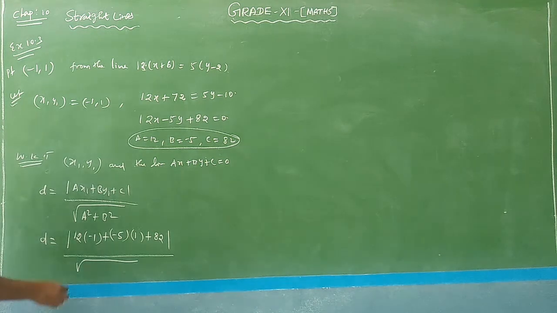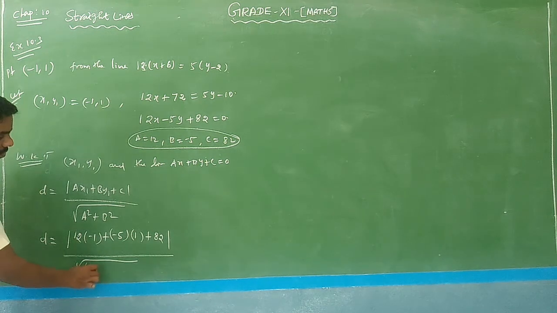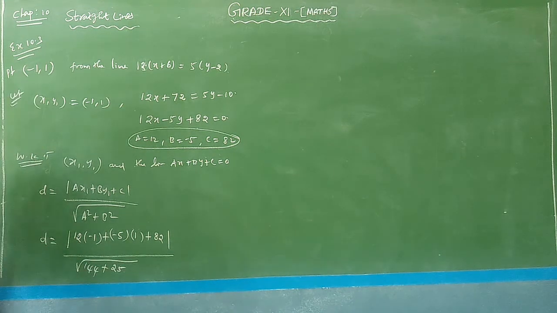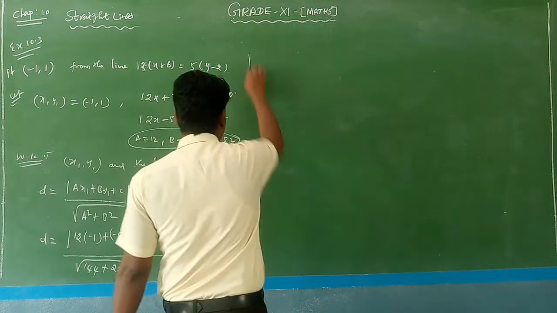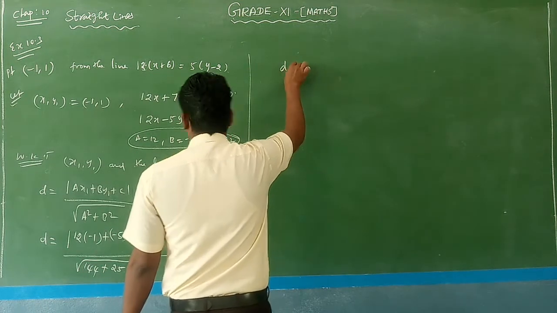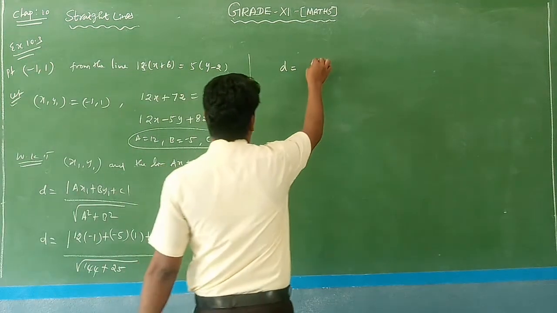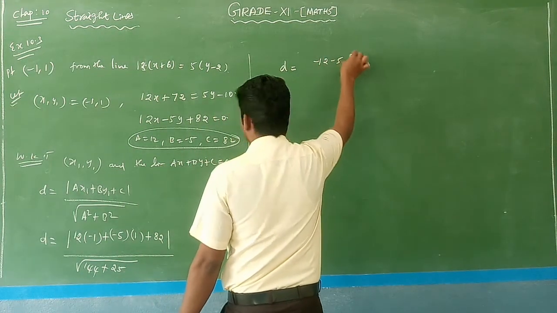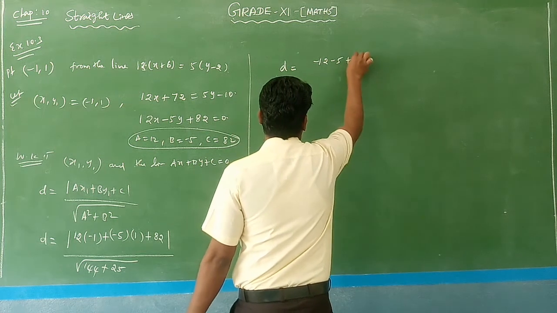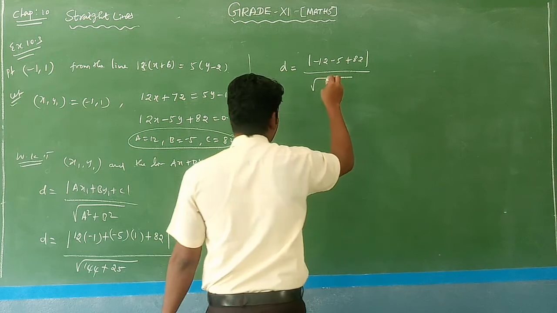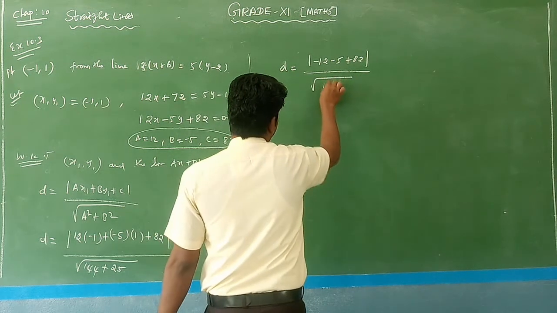Here a square is 12 square, 144, plus b square, (-5) square, is 25. So the distance d is |-1 into 12 and -5 into 1, so -12 - 5 + 82| divided by the root of 144 + 25, which is 169.